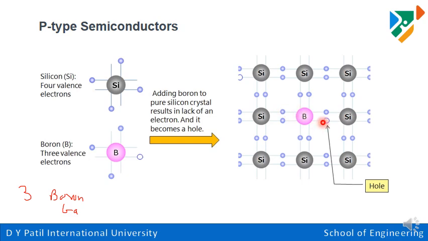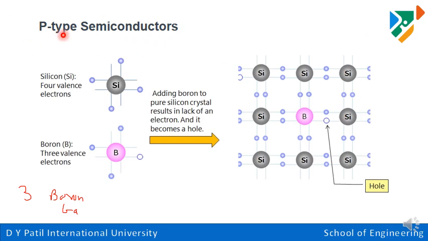Because of this incompleteness, the resulting vacancy we call a hole. This hole is positively charged, as it represents the absence of negative charge. Thus, corresponding to each trivalent impurity atom, a hole is created. This increase in the number of holes makes the semiconductor a p-type semiconductor material.